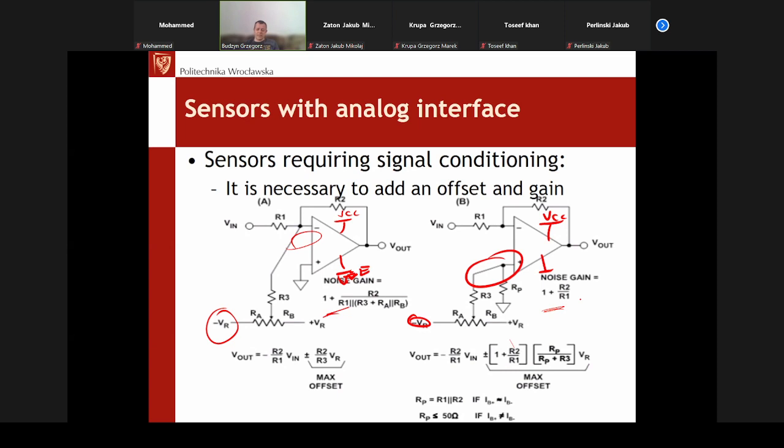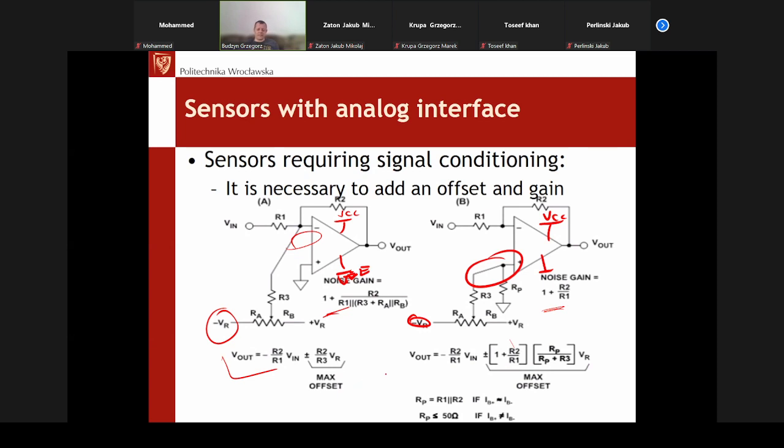You've got the formulas for Vout on the slide. Solution A gives a simpler offset regulation, because the offset is not dependent on R1. It's dependent on R2, but we can modify the amplification of Vin by modifying R1, and if we keep R2, then the offset will not depend on the amplification of the signal.